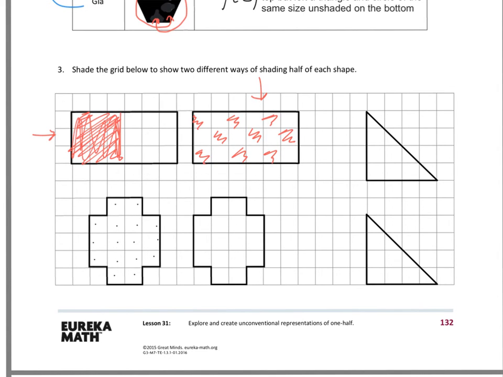So I'm going to shade half of this in. And that's 8 of them that I can still see. But for my other one, I know I need 8, so I can pick any 8 I want. So I'll do 2 here, 4, 6, 8. Half of it is shaded there because I have 8 of them shaded. So it's showing half is shaded.